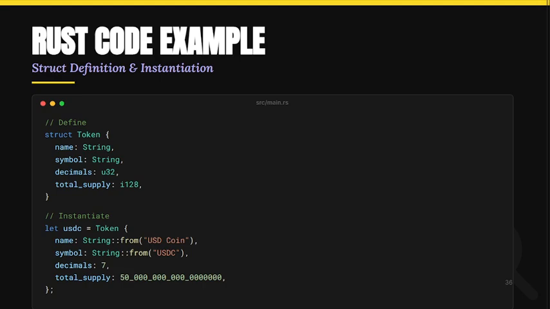So they're ignored by the compiler but make large numbers readable. We also have String::from, which creates an owned String from a string literal. We'll go deeper on the difference between String and string slice in the ownership module.